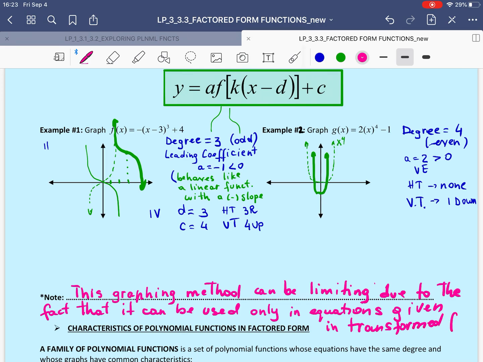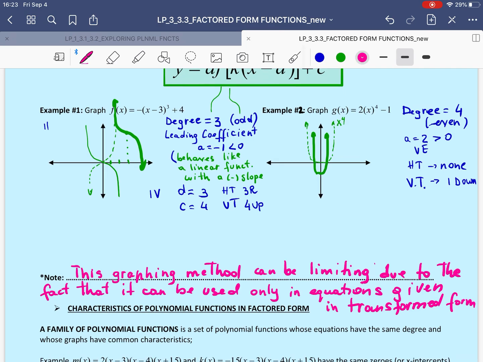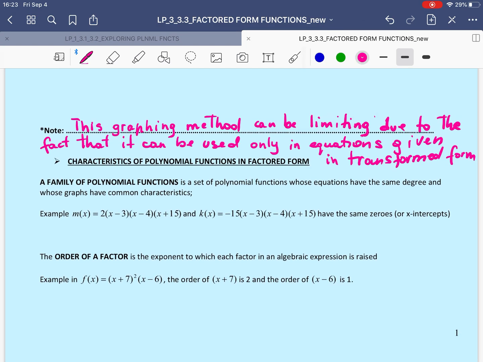Sorry about this. Transform form. Okay, saying form twice, that sounds perfect.